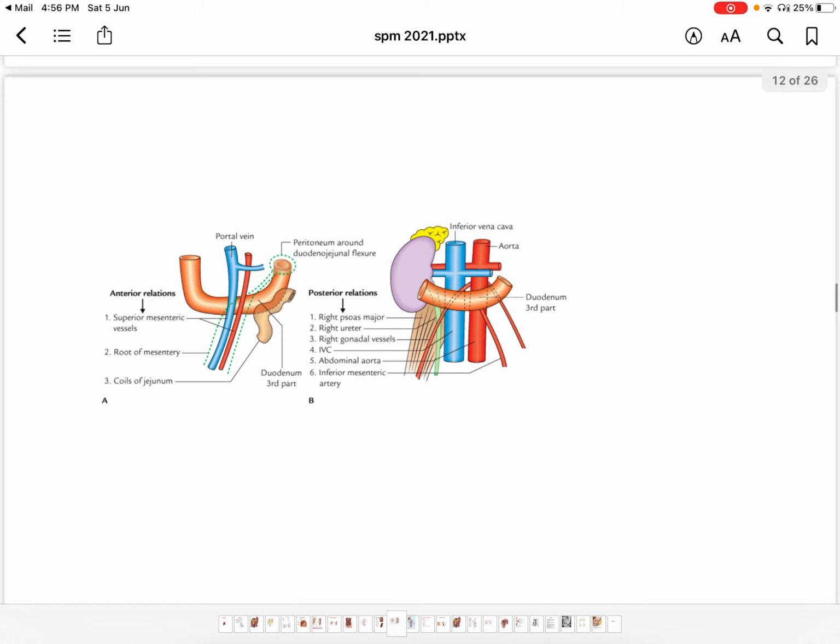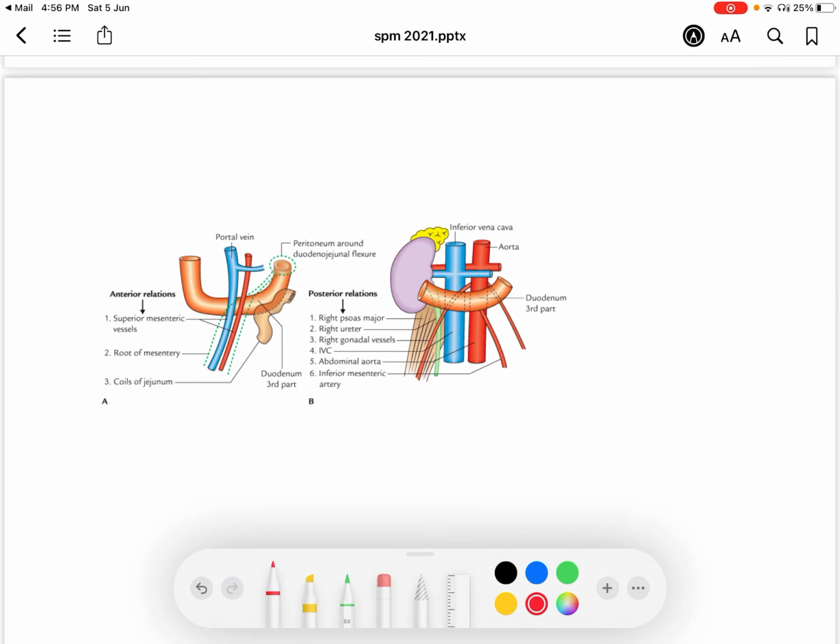In this diagram, you can see the line diagram of the third part, superior mesenteric vessels along with the root of the mesentery. In the next diagram, posterior relations: there are the right psoas major, ureter, right gonadal vessels, inferior vena cava, abdominal aorta.